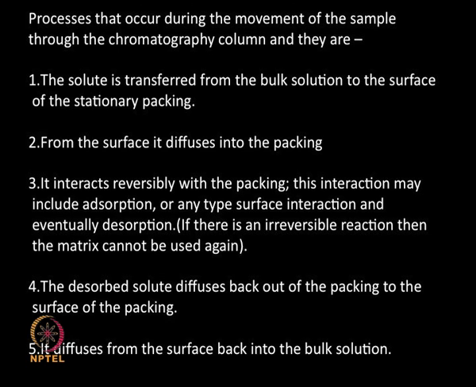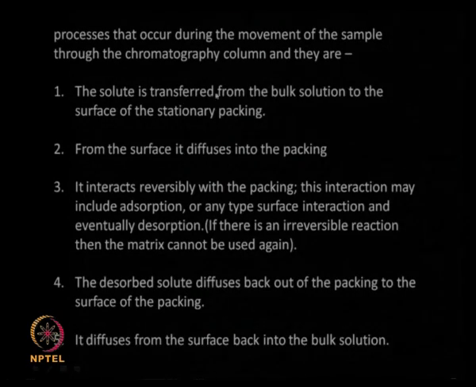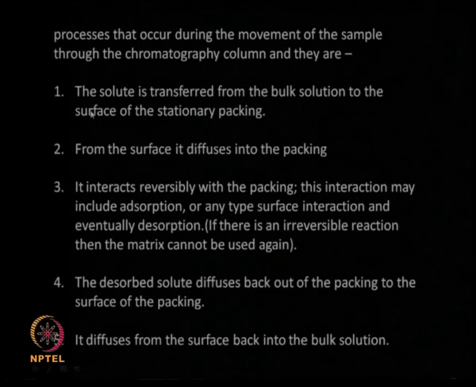So what is happening? You have a protein or a metabolite travelling in a continuous phase. Now this particular solute will start interacting with the stationary phase material. So there are many steps that are happening. The solute is transferred from the bulk solution to the surface of the stationary packing.